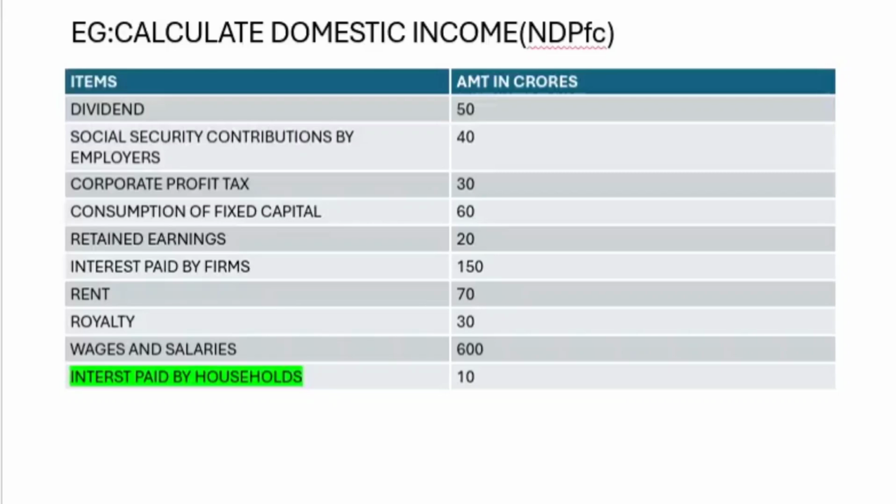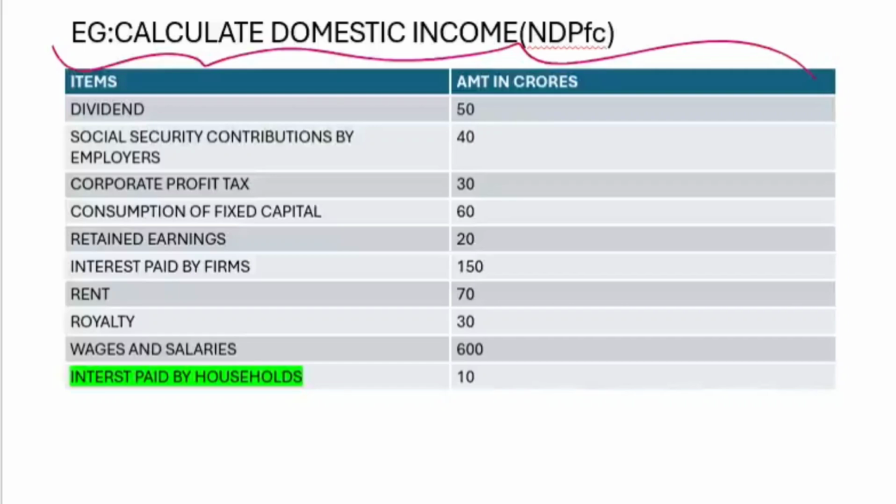Calculate domestic income. Domestic income is actually NDPFC. NNPFC is your national income, so NDPFC is domestic income. Domestic product will come in between, that is domestic income. National income is NNP, national product at factor cost.